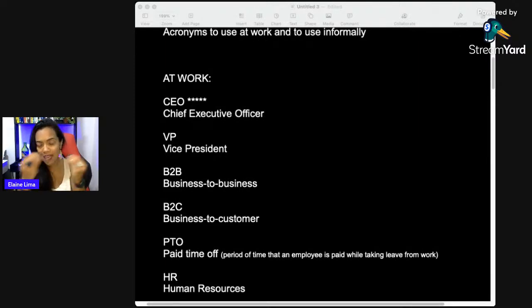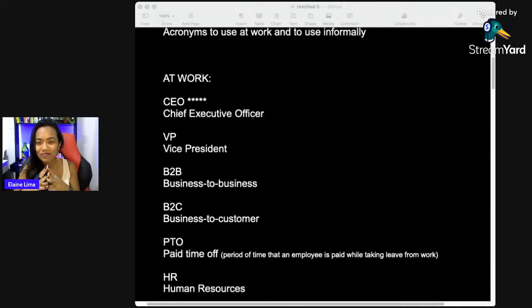I will have a department taking care of this product to sell this product to a client, not to a company, but now to the final client. So then we say B2C, okay? So again, CEO, 3 letters, CEO, VP, B2B, B2C, okay?